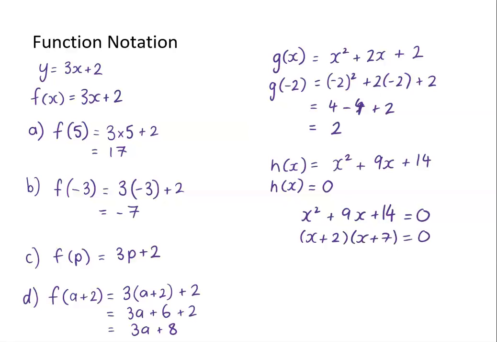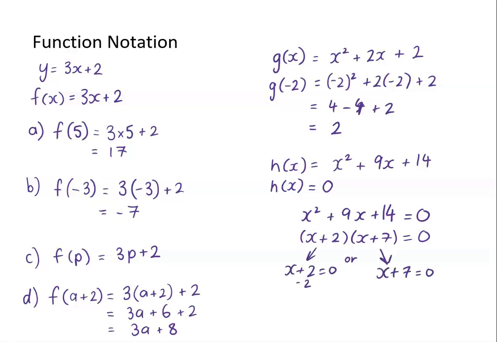And now we can see we can use our null factor law because we're factorised and our equation is equal to 0. So that tells me that one of these two factors has to be equal to 0. So either x plus 2 equals 0 or x plus 7 equals 0.